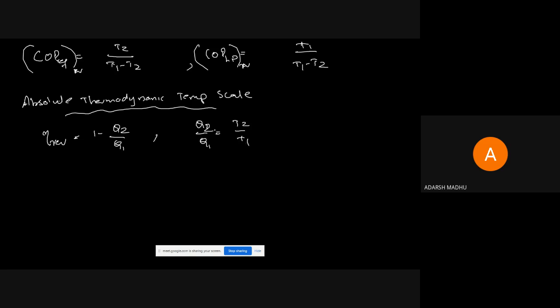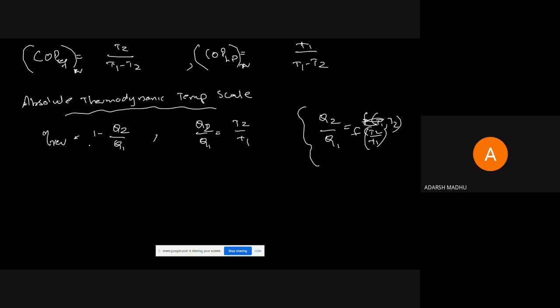Q2 by Q1 can be written as a function of the temperatures, a function of T2 by T1. So we can directly write the equation as Q2 by Q1 equal to T2 by T1.